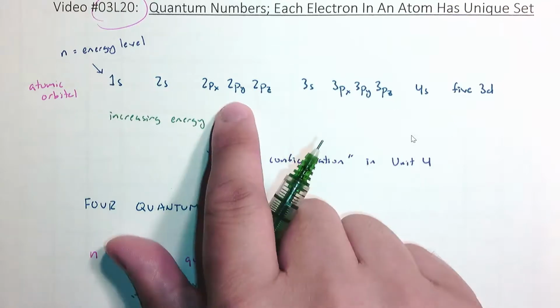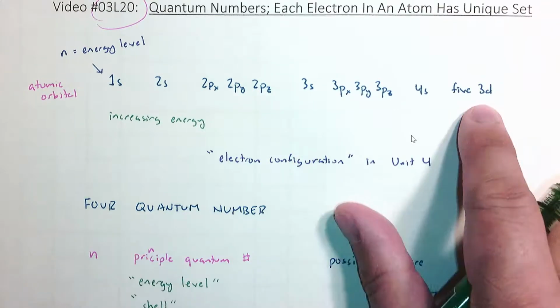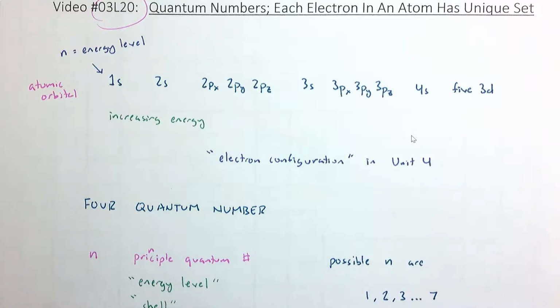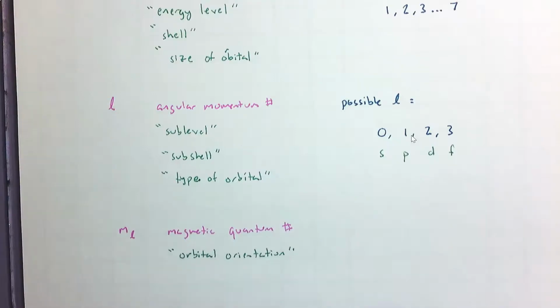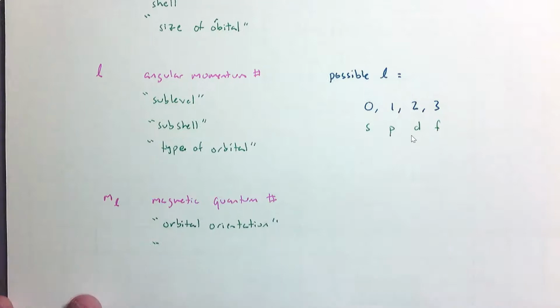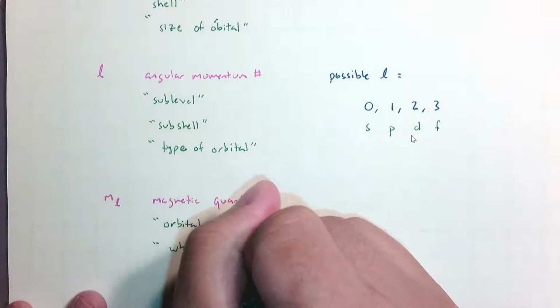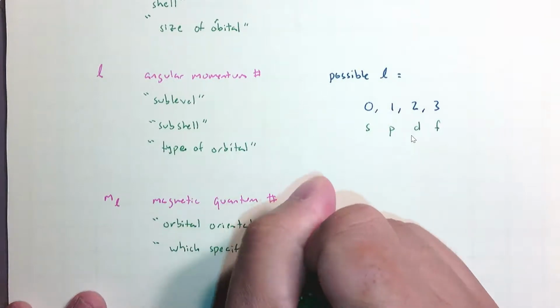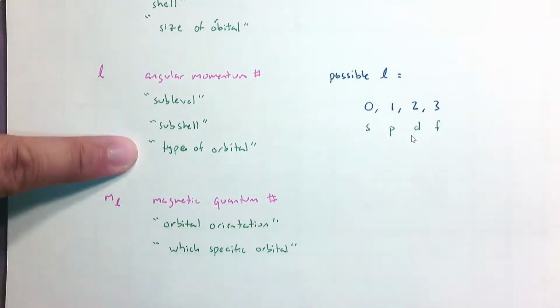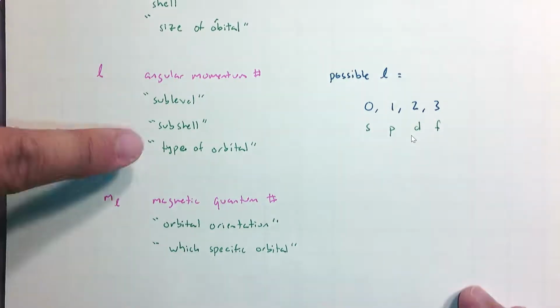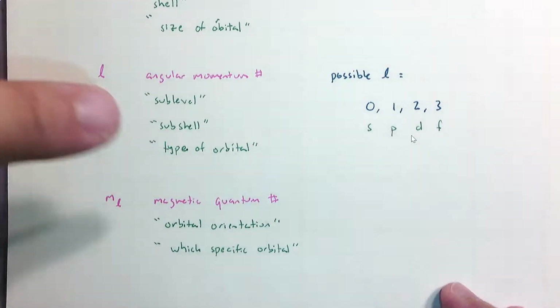But there are 3 p orbitals and 5 d orbitals. So to pinpoint where a specific electron is, we have to specify in which orbital within the subshell that electron exists. Or instead of saying orbital orientation, x, y, and z, this is really just which specific orbital. So not the orbital type, which is SPDF, but which P, which D, which F.